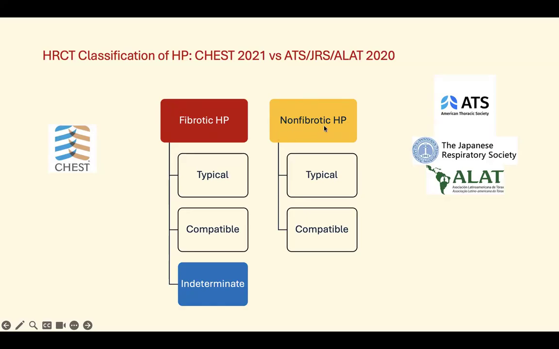Under non-fibrotic HP, they are subcategorized into two subtypes, typical and compatible with HP. Fibrotic HP is the same, and they added the third subtype, which is indeterminate for HP, because it's only showing fibrosis, no features of hypersensitivity pneumonitis, which we discussed and saw some examples of.